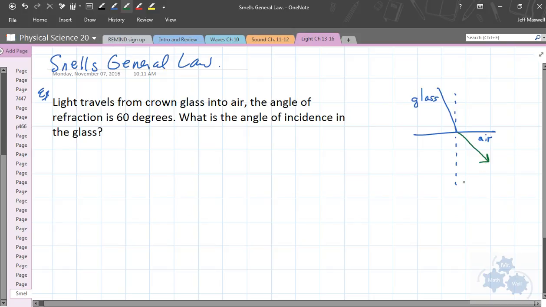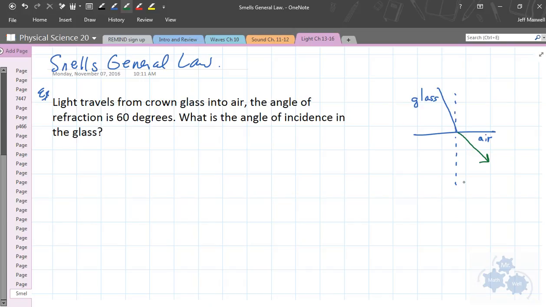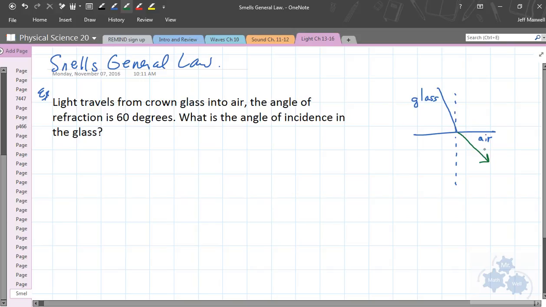This is a question you should be able to answer without doing any calculations. You should be able to know this. So if it's going to go faster, does it bend away from the normal, or does it bend towards the normal? Okay, from your work already, hopefully you've seen that it's bending away.